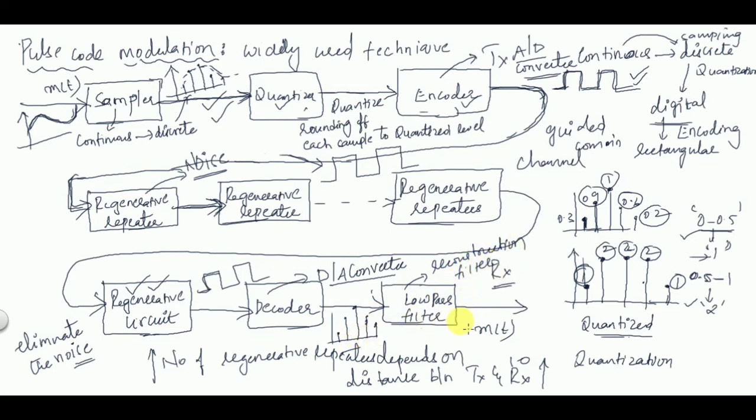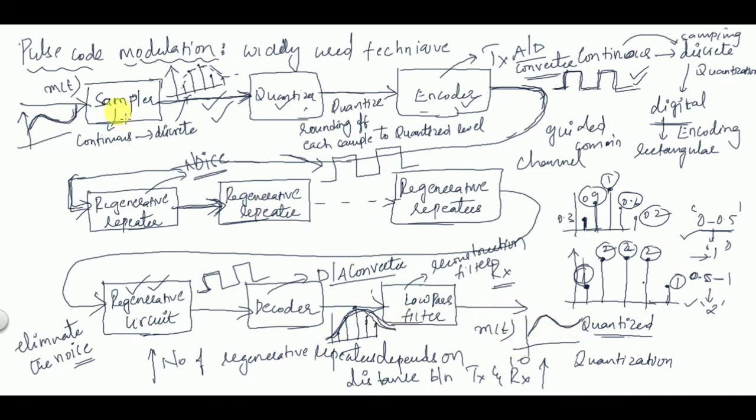It is used to restore or reconstruct the amplitude of the message signal based on the samples. So based on the amplitudes, it is going to reconstruct the message signal like this.